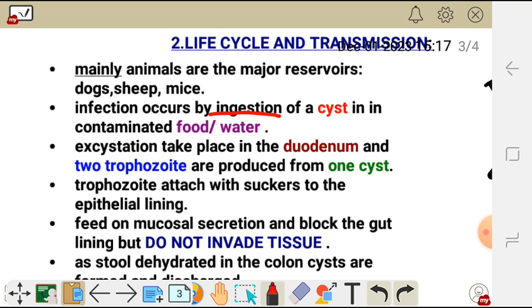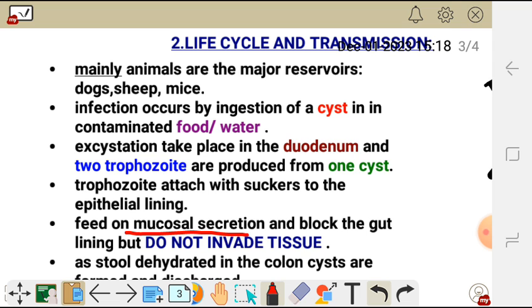An individual ingests a cyst in contaminated food or water, and then from there, excystation is going to take place in the duodenum, and 2 trophozoites are going to be produced from one cyst. Then from there, the trophozoites will attach by the help of suckers, which we have already seen in that diagram, to the lining of the epithelium. Then the trophozoites will feed on mucosal secretion.